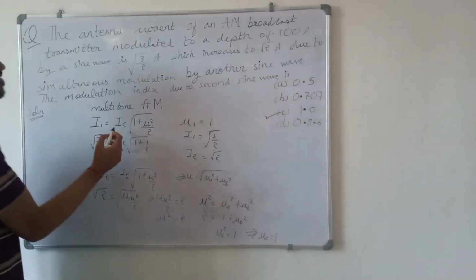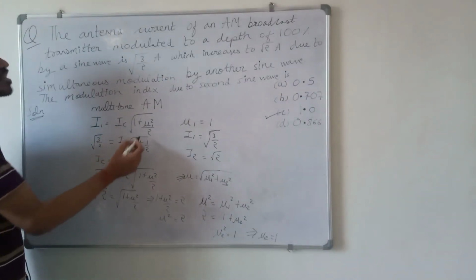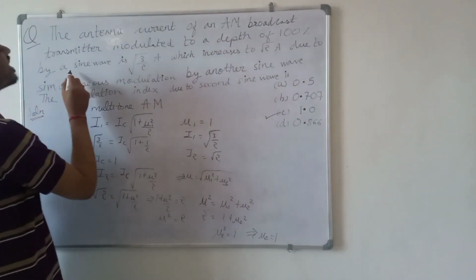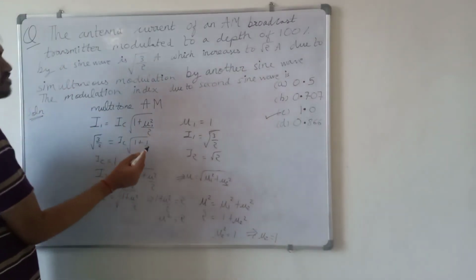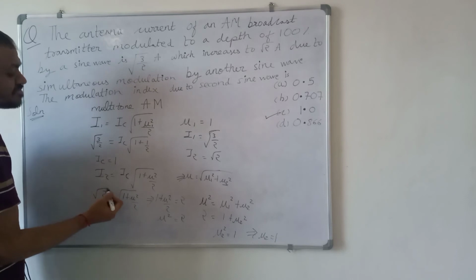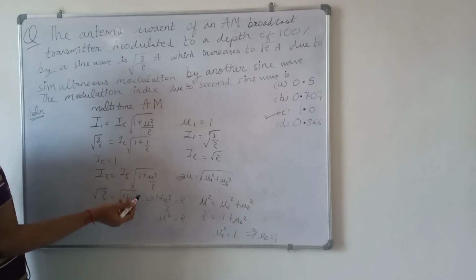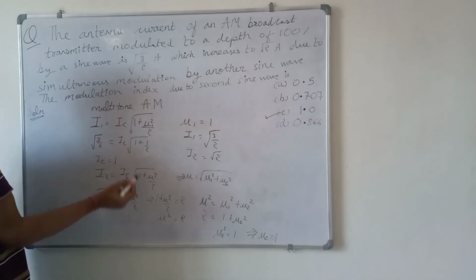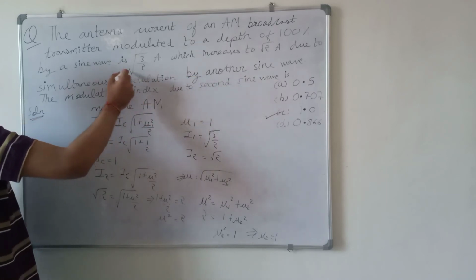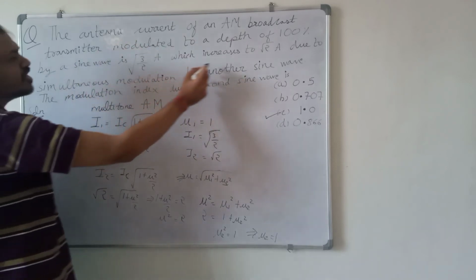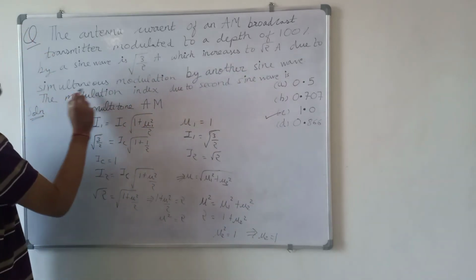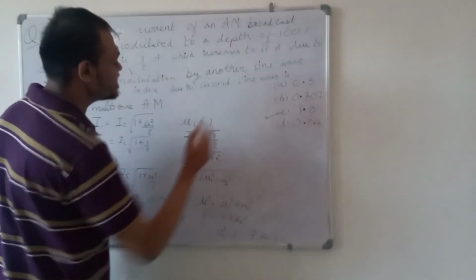What we did is we first found the IC value from the data that I1 is root 3 by 2 and mu1 is 1. Then we found the total modulation index, because this antenna current is simultaneously modulated by another sine wave.